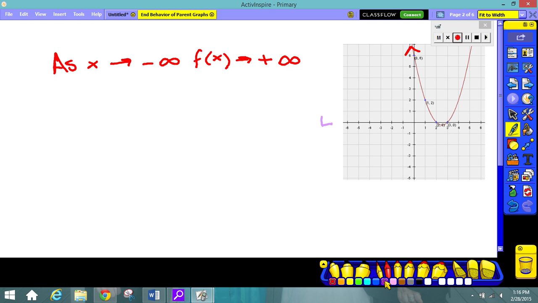On the right-hand side of our graph over here, we're going to describe as x is approaching positive infinity, f of x is approaching, and it too is pointing up to positive infinity. And that's our typical way we have discussed end behavior. Let's take some other examples.